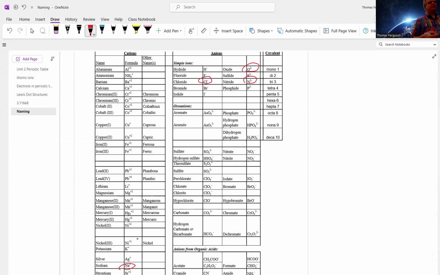So that's molecular, or it's got two anions together, which doesn't work. Okay. So how do you name these things? Next step.